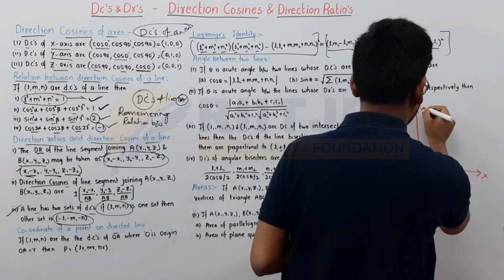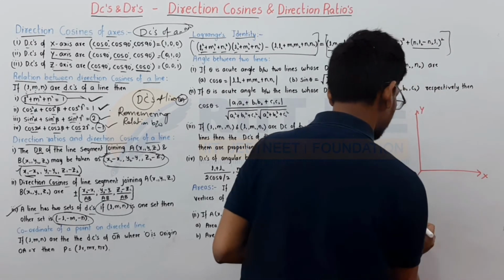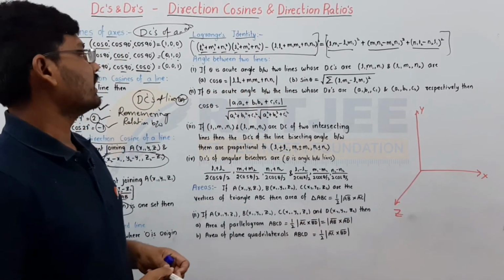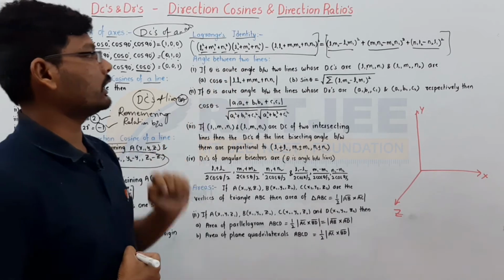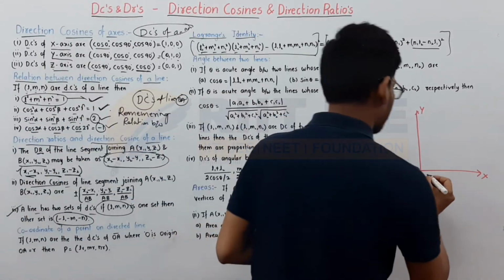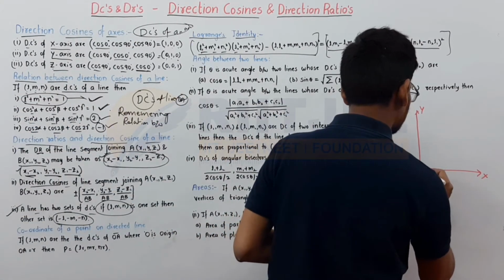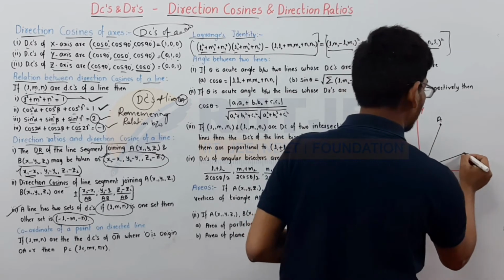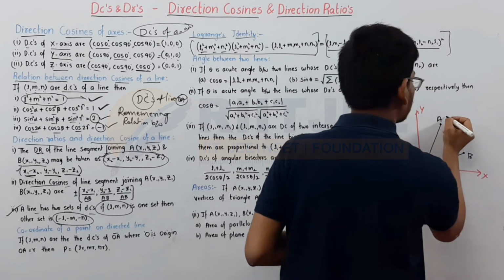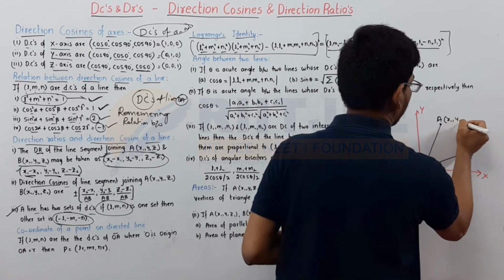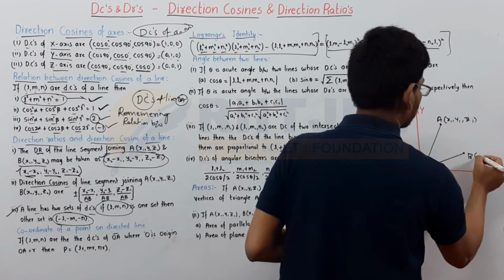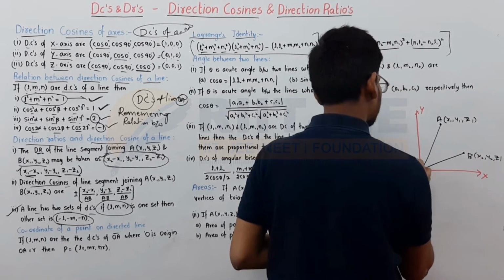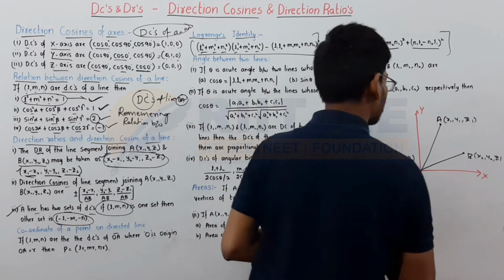Now for the angle between two lines I am taking a setup similar to the previous case. This is origin, this is A, this is B, this is the point x1, y1, z1, and this is x2, y2, z2. This is origin, that is 0, 0, 0.